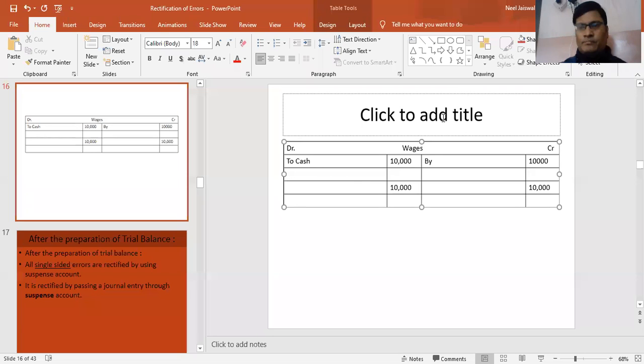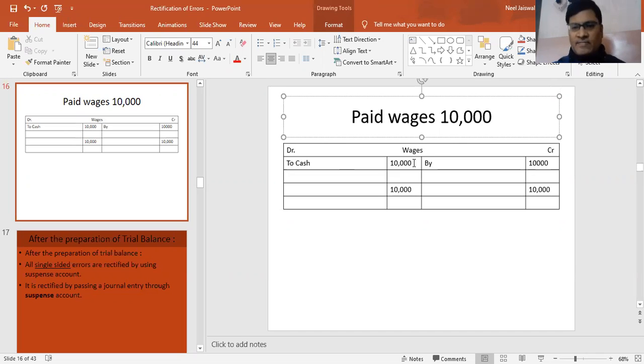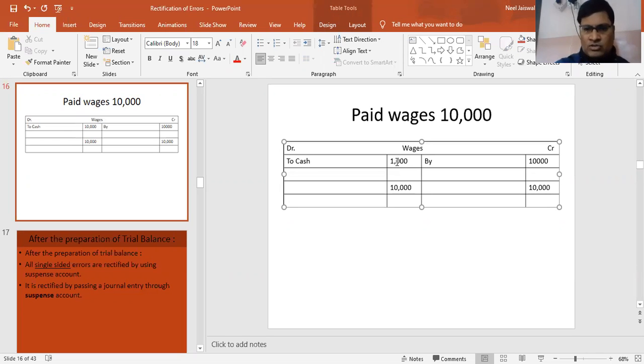As I was giving you the example in this wages account, if we have paid wages of 10,000, I have to record in the wages account, to cash 10,000, after doing the journal posting. But instead of this, suppose we have recorded it as 1,000. So what will happen?